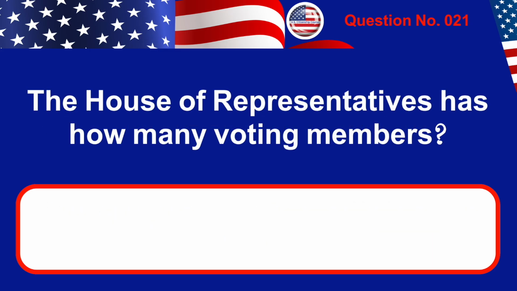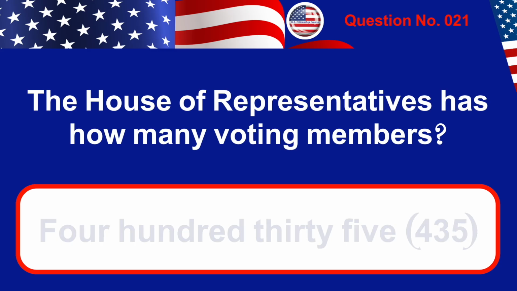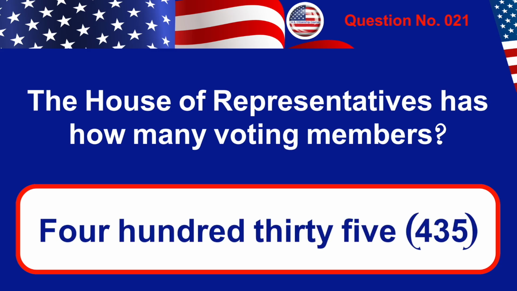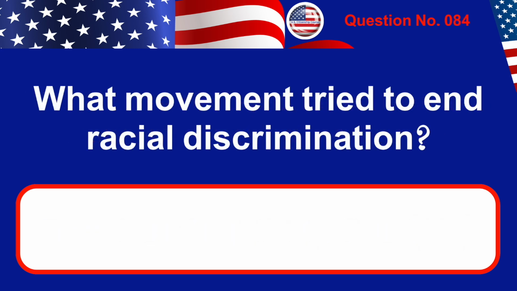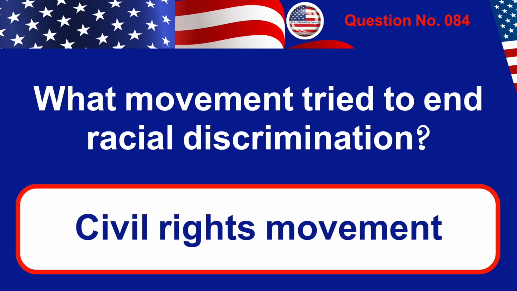The House of Representatives has how many voting members? 435. What movement tried to end racial discrimination? Civil rights movement.